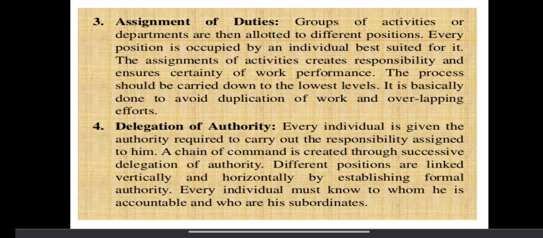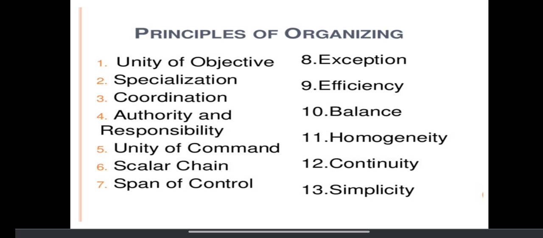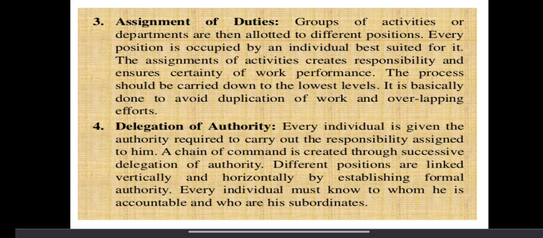He could not. So that's why delegation of authority should come from one authority to the subordinate, not from a number of leaders. Okay, this is about the process of organizing.